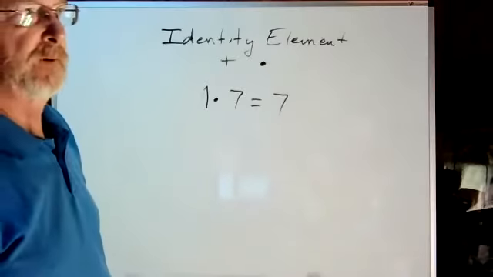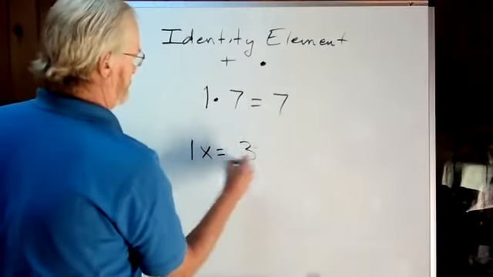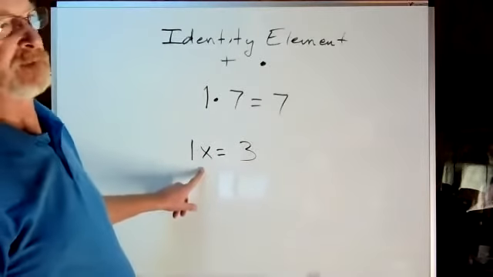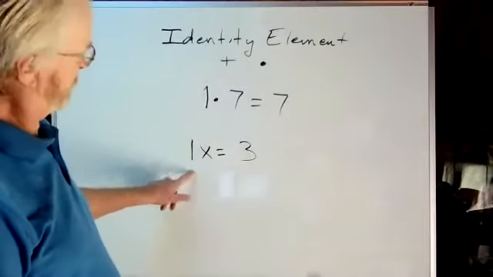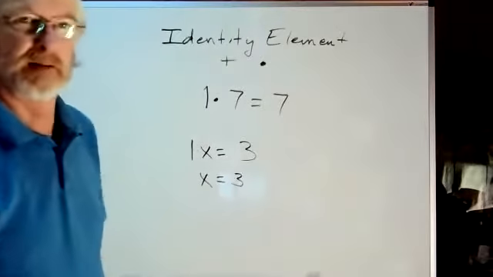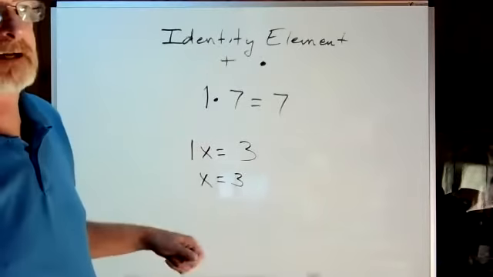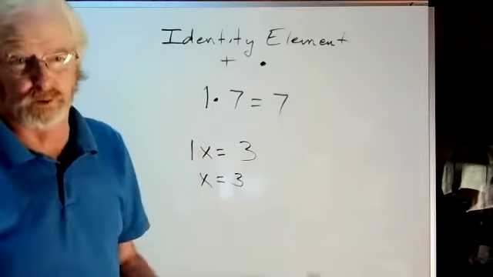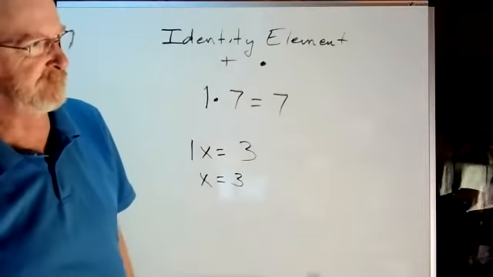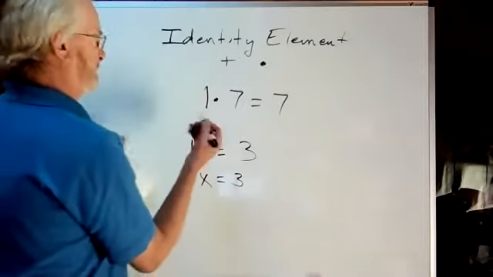Eventually in equations, if I can simplify my equation down to 1 times the thing I'm looking for equals 3, the 1 doesn't change it, so the thing I'm looking for is 3. We don't always end up writing it out like that, but we have to understand that it's a rule that works. Mathematicians have processes and rules that justify everything we do. So 1 is the multiplicative identity.